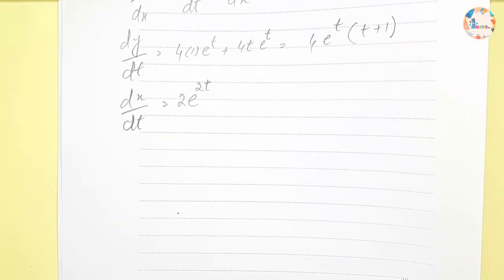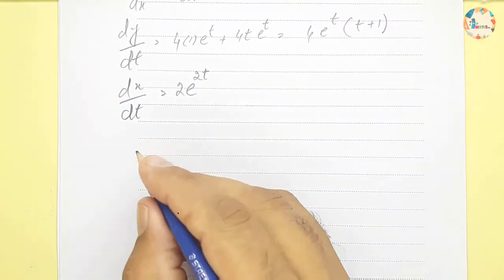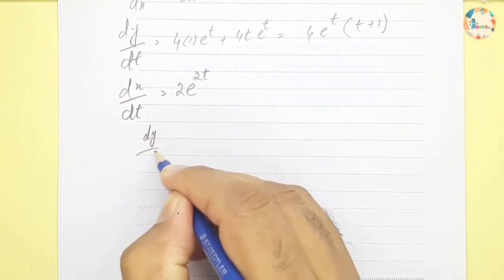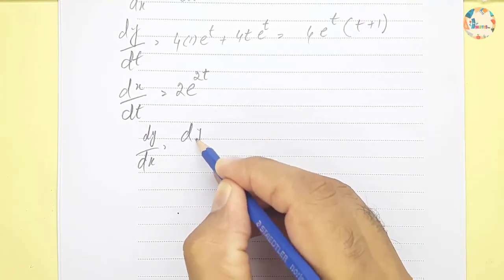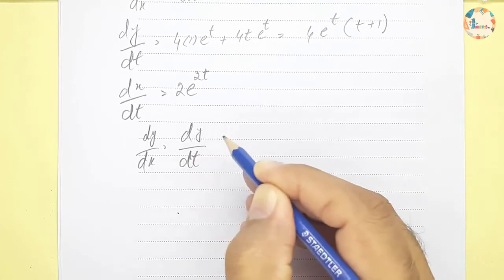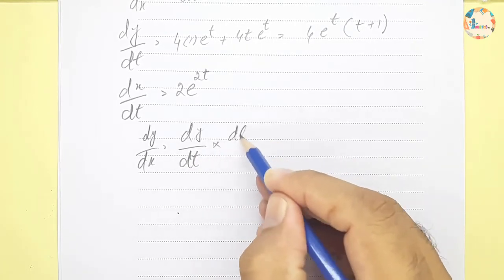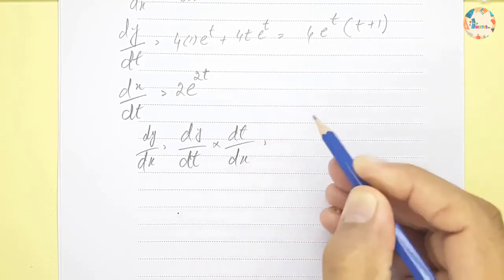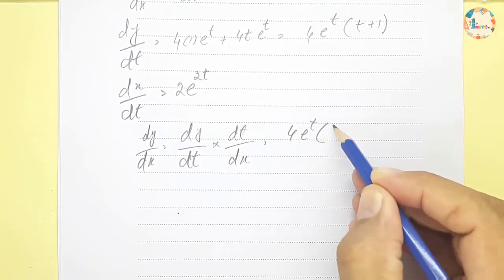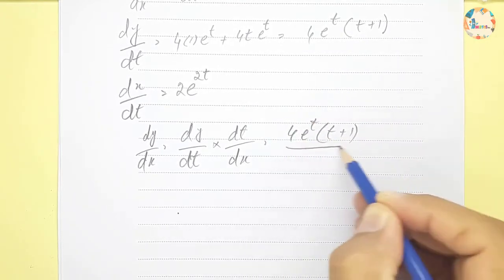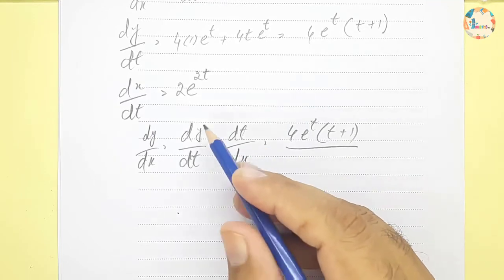Now we have to find dy by dx. So dy by dx will be equal to dy by dt into dt over dx. So dy by dt is this one, 4e raised to t into t plus 1, divided by dx by dt.